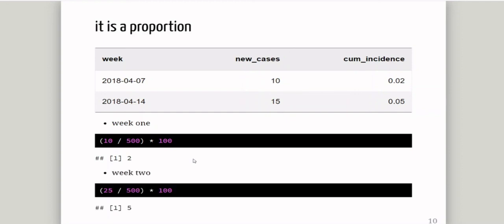And for the second week, we can say that we have 5 cases out of 100 in 2 weeks' time. It's important to always mention the time. Very often the time is missed when you see it in the headlines, and it is not very useful when you don't have the time included in a cumulative incidence analysis.